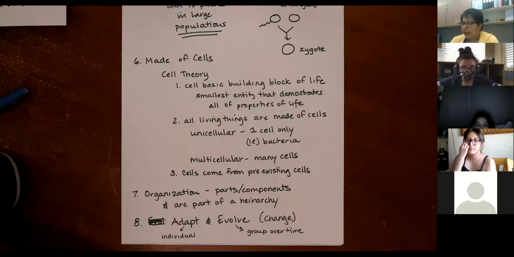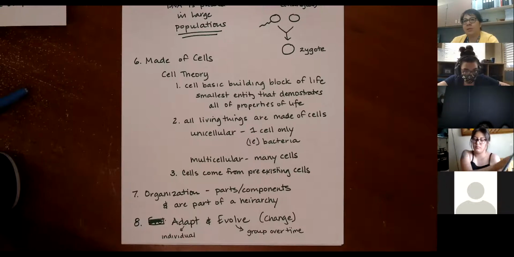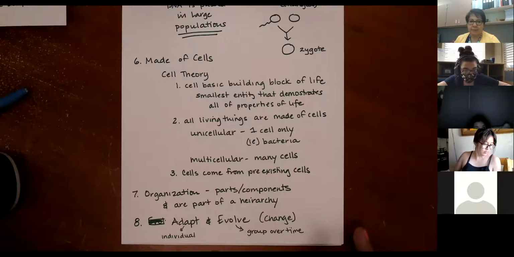So these 8 characteristics that I have listed, if you go to your textbook or if you go to other websites, they may list these in 4 big groups. They might list them in 6 groups. They might list them in 8 groups. It kind of depends on who the author is, how many items they put on their list.